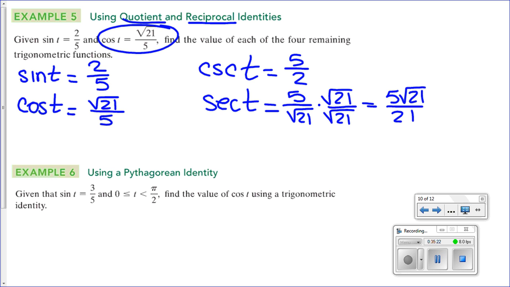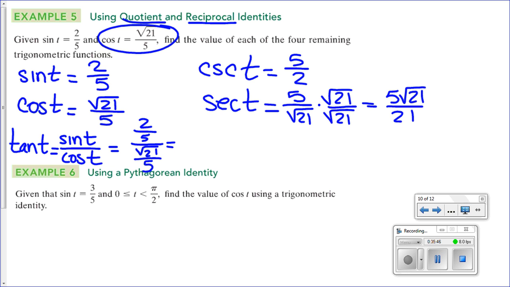Now for tangent, we're going to use the quotient identity, the one that tells me that it is sine of t divided by cosine of t, or y over x. So the sine of t is 2/5. The cosine of t is the square root of 21 divided by 5. So in this case, we can multiply the outers. 2 times 5. Without multiplying them, you could just leave them as factors, a lot easier.